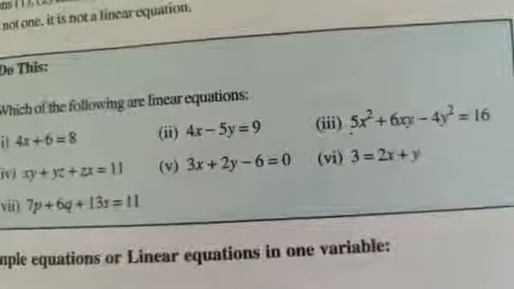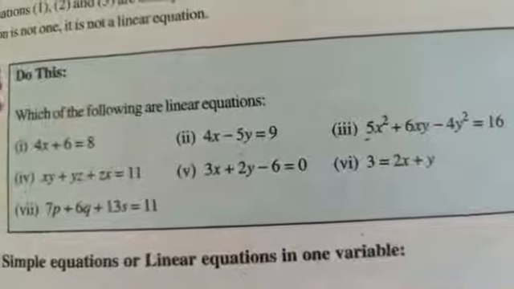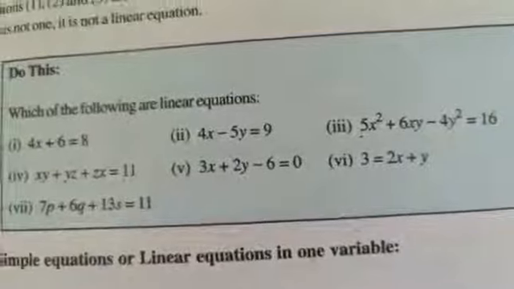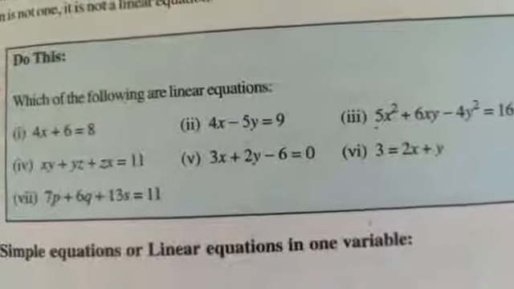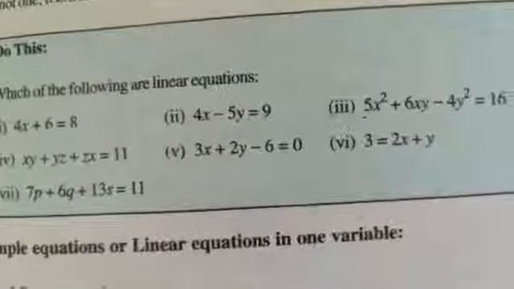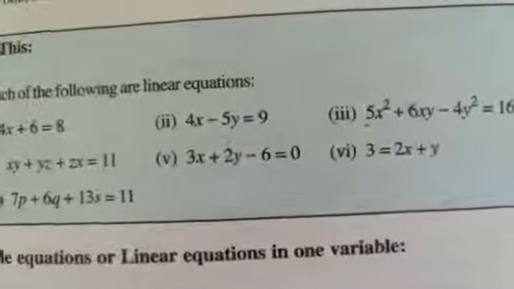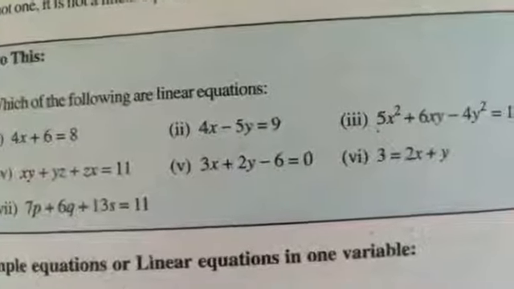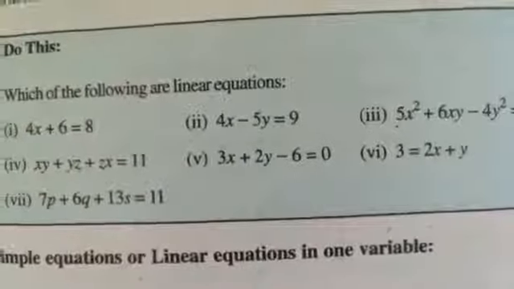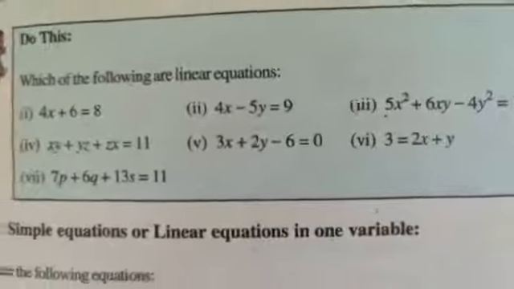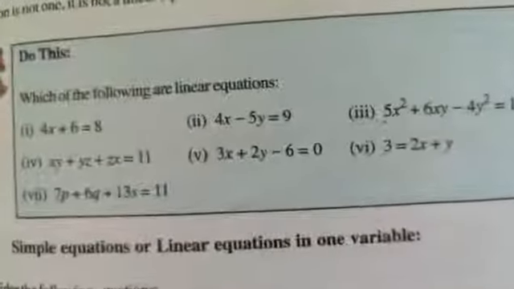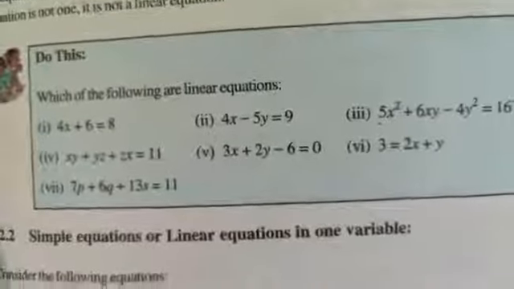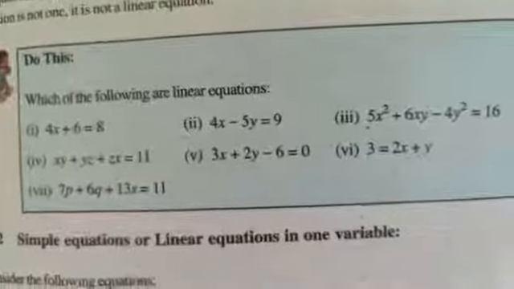In the fourth one, xy plus yz plus zx equal 11, the sum of the powers of the variables in a term, 1 plus 1, equals 2. So it is a second degree equation, not a linear equation. Fifth one, 2x plus 3x plus 2y minus 6 equal to 0, is a linear equation in two variables.